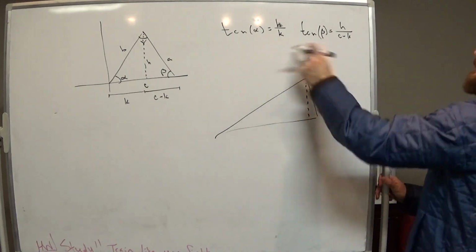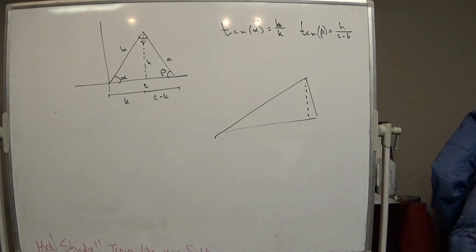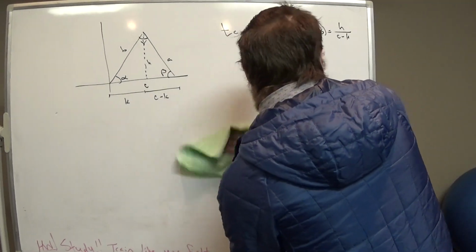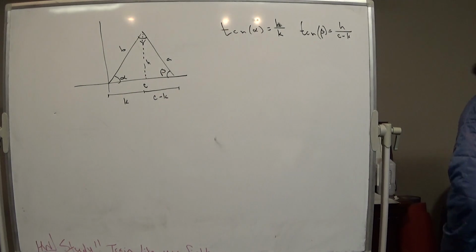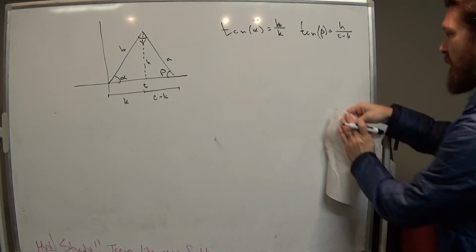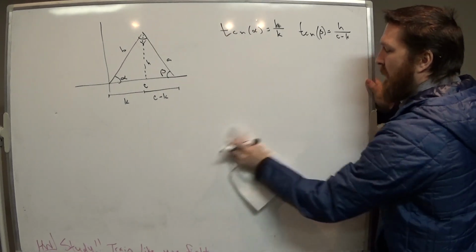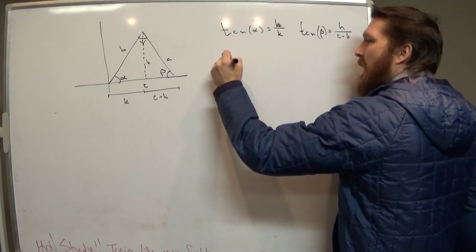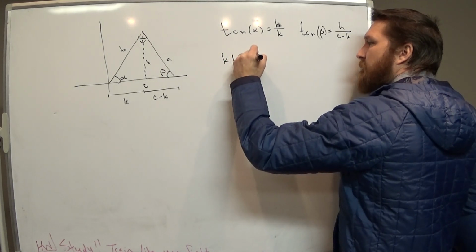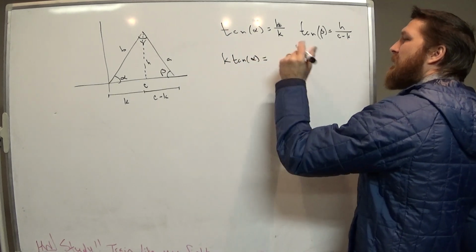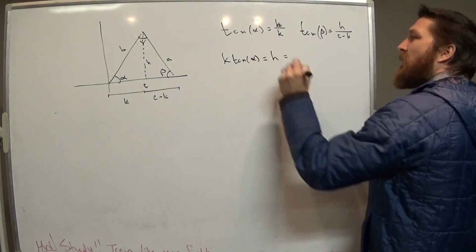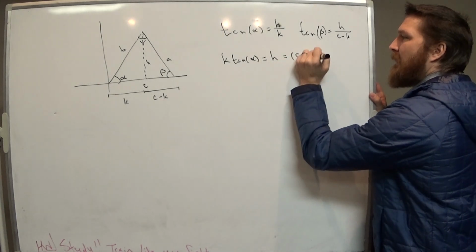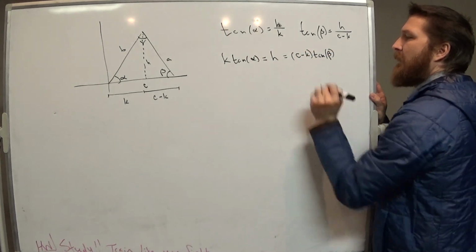Now let's do the same trick, because again, I've never done this before. This is a completely novel question. We didn't coordinate ahead of time. So maybe we'll figure something out. But what I'm doing is the same kind of trick that was done for the others. So k tan alpha is equal to h, which is also equal to c minus k times tan beta.